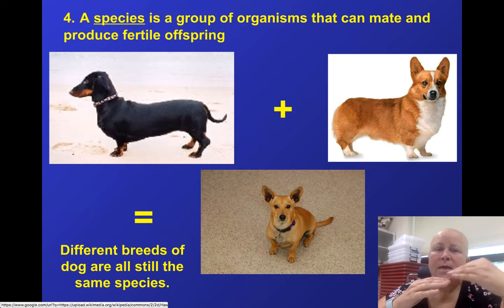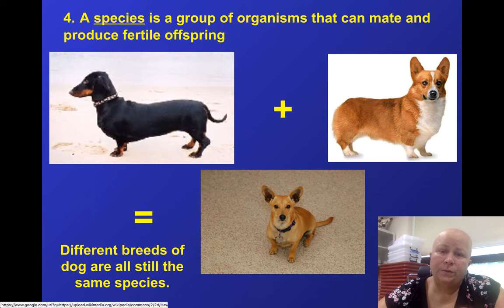So in other words, their offspring can also then go on to produce offspring. So different breeds of dogs are still the same species. They're all dogs. So think about maybe a rose bush too. So some rose bushes produce red roses, some of them produce white, pink. There's all different colors, but those are all still one species.